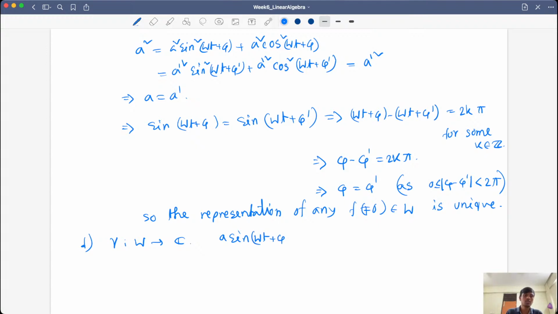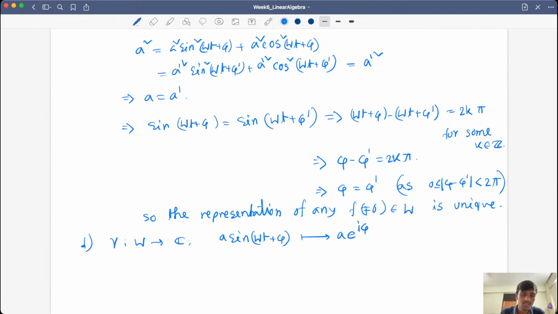For simplicity, as we just saw that any non-zero f has a unique representation in terms of a and phi, I can just take a positive and phi in 0 to 2 pi, and gamma sends this to a e power i phi. That means it is the polar representation of the complex number. So it is a very well defined map.